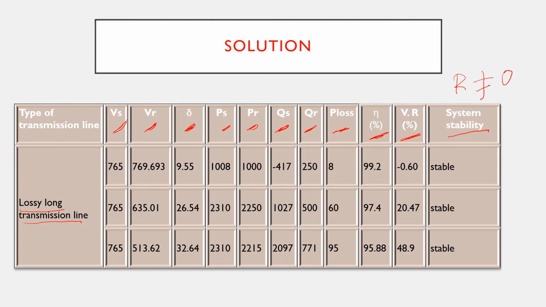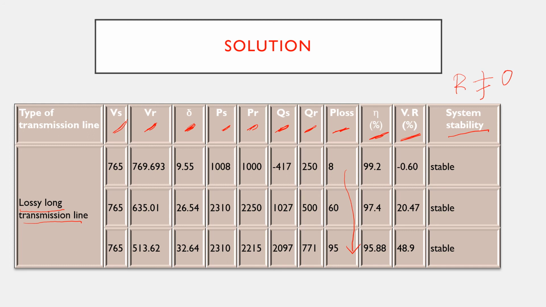Here we can see that for the increasing load, the efficiency is slightly decreasing from 98 to 95, and at the same time the voltage regulation is increasing. To compensate for this increase in voltage regulation, we can use compensation techniques to maintain the voltage, and we can regulate the voltage.